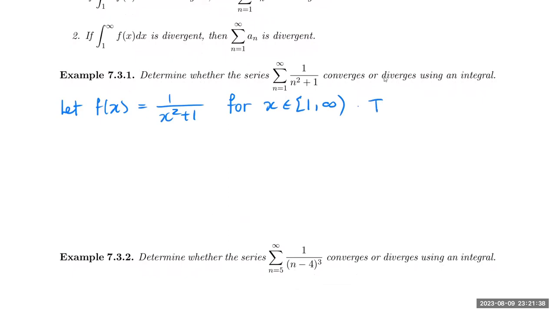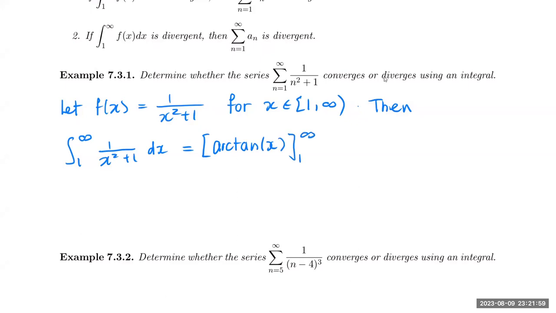Then if we compute the integral from 1 to infinity of 1 divided by x squared plus 1 dx, this is equal to the arctan of x, evaluated from 1 to infinity.